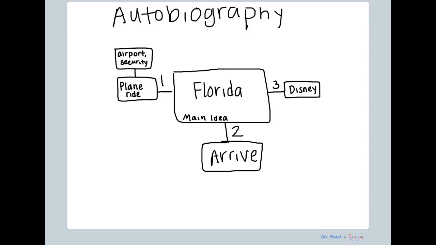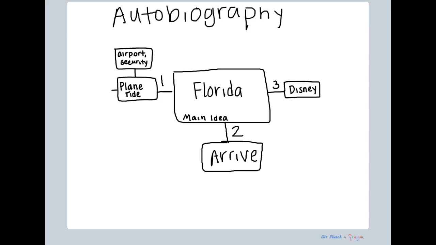Then I'm going to move on to my second supporting idea and draw a stick off of the box like that. For the second idea of the plane ride, I want to talk about being on the plane.